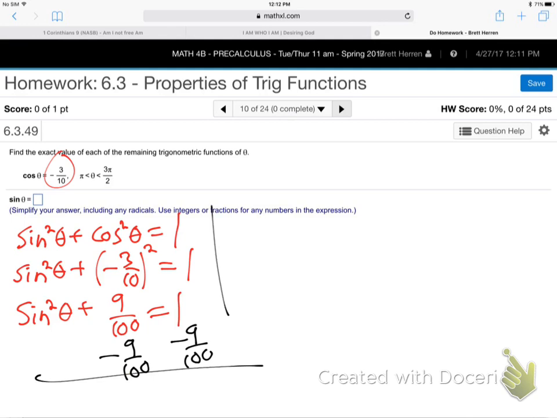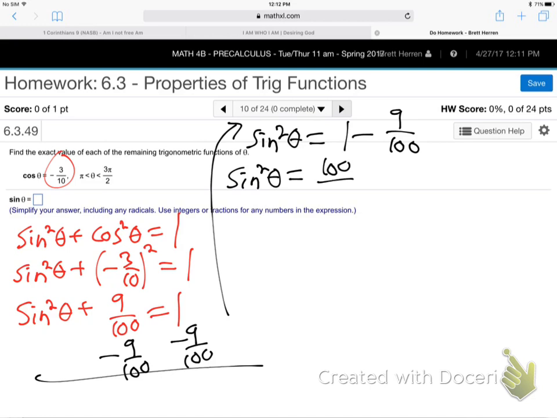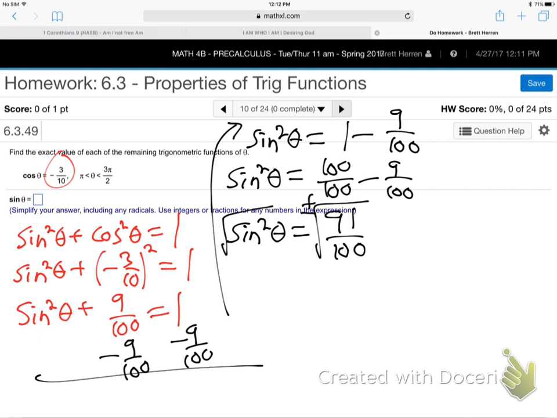Subtract the 9 over 100, so sine squared is 1 minus 9 over 100. Make that 1 100 over 100, minus 9 over 100. What's that? 91 over 100. And then put the roof on the house, up and down the ladder. So sine is plus or minus root 91 over 10.